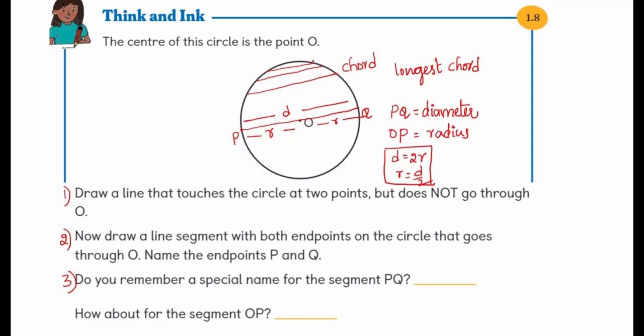These are chords which do not pass through the center but touch the circle at 2 points. And this is the longest chord that passes through the center of the circle and touches the circle at 2 points. It is called diameter, and also the longest chord.